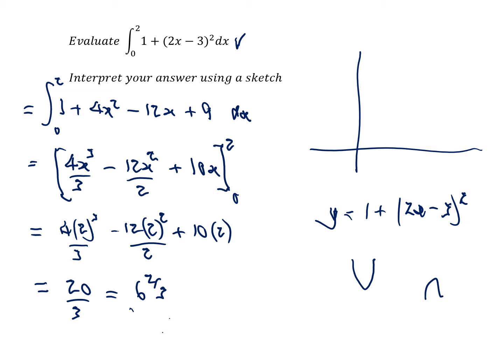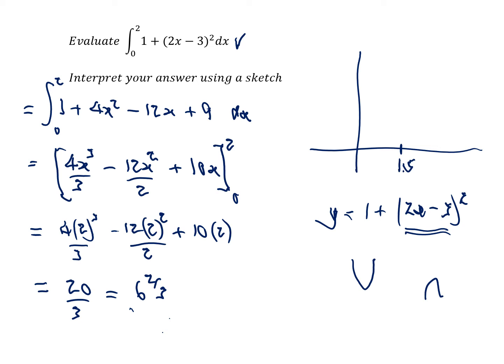And when does that happen? Well, the minimum value of y would happen when 2x minus 3 equals 0. So that's when x equals 1.5. So when x is 1.5, we get the minimum value of y.